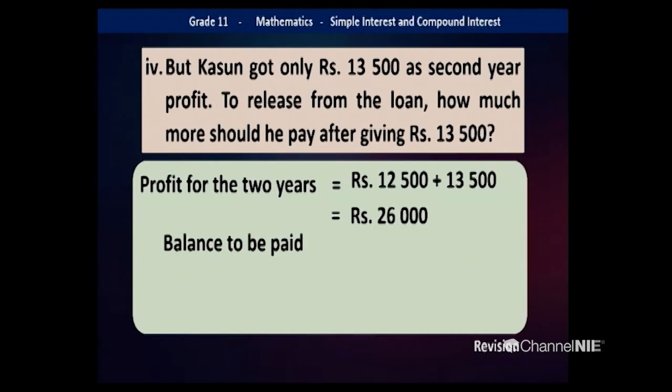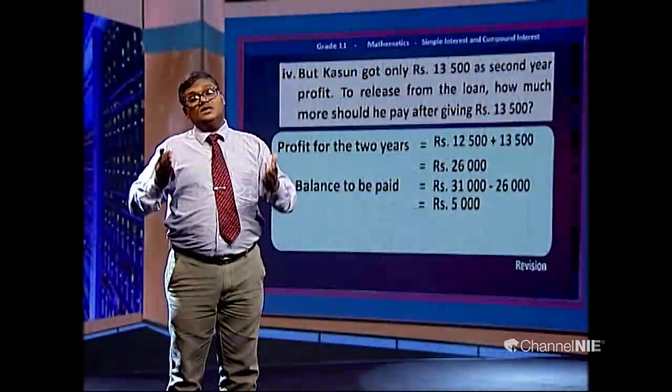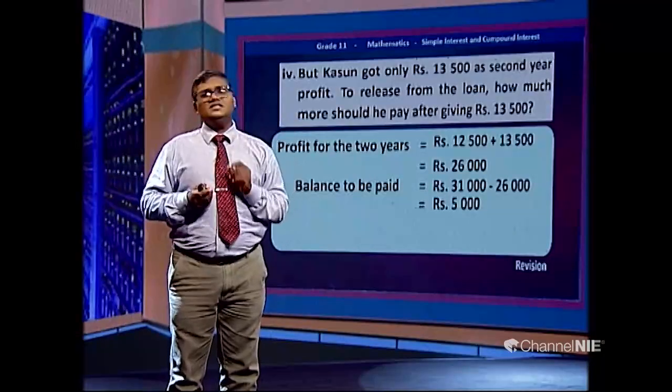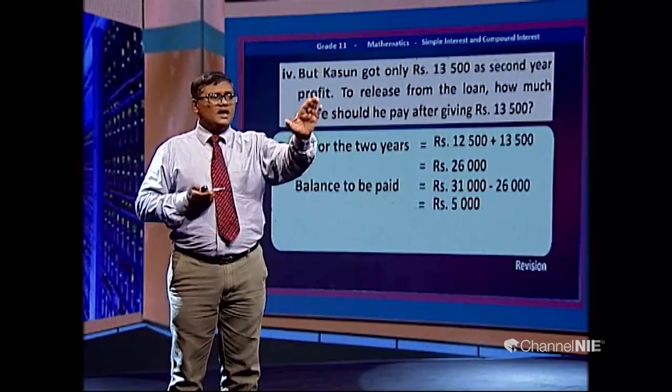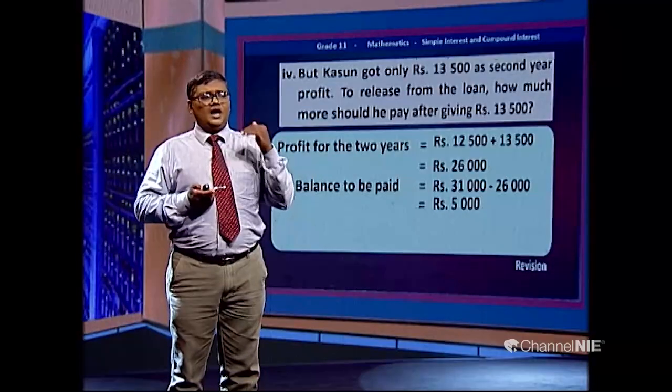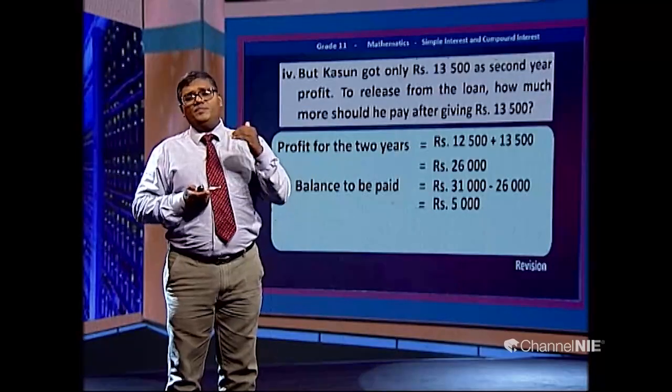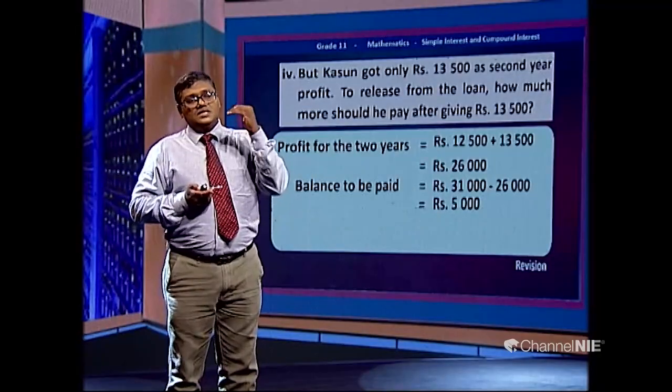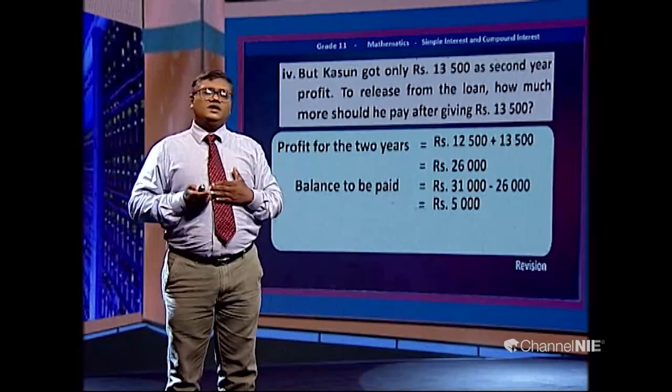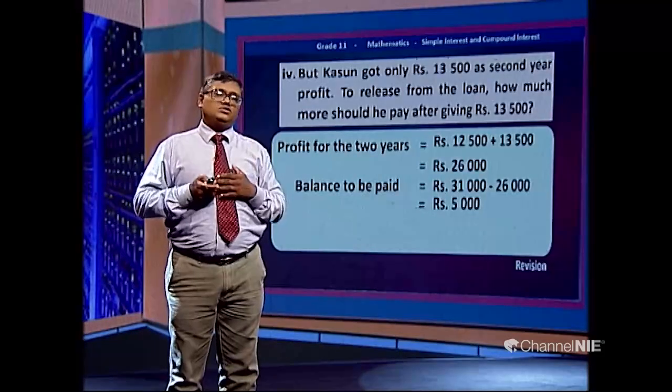Then there is a remaining amount or balance amount. Let's see, 31,000 minus 26,000, the answer is just 5,000. 5,000 is lacking. He should find 5,000 from some place to settle this loan. Therefore, the answer for the fourth question, how much more should he pay after giving 13,500, is rupees 5,000.